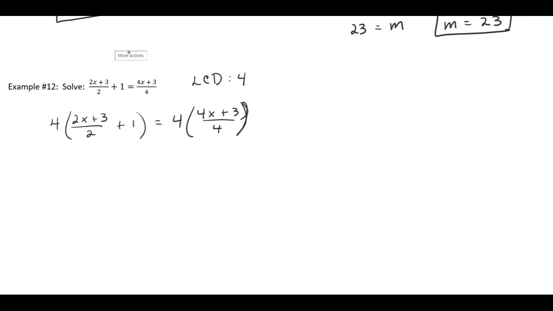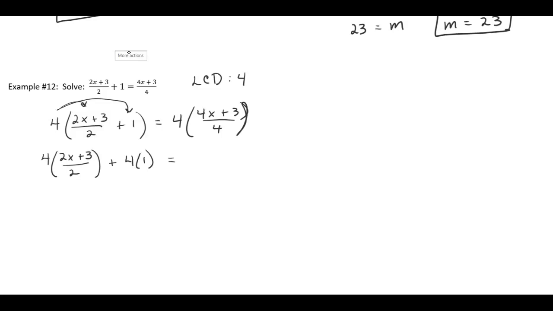On the left-hand side, I have to multiply 4 times this first expression, the part that's over 2, and then I also have to multiply 4 times that 1. So it's going to be 4 times 2x plus 3, over 2, plus 4 times 1.